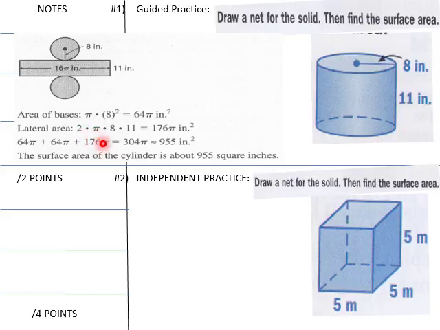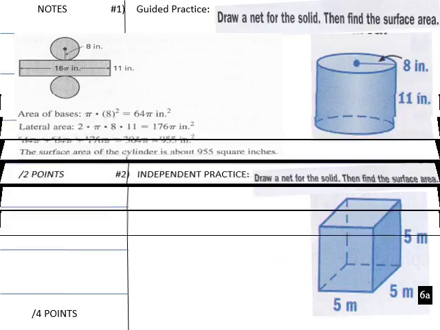So that's our 2 pi r, 2 pi r is 8, and then times 11, which is the height of it. And then we get this number here. And then we add these together, right? 64 pi and 64 pi plus 176 pi, and we get this number here. So it's 955 square inches for the surface area of this cylinder here. And then this is yours, student.